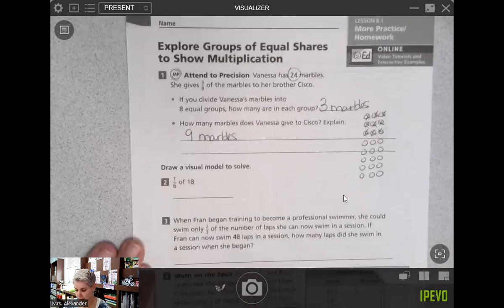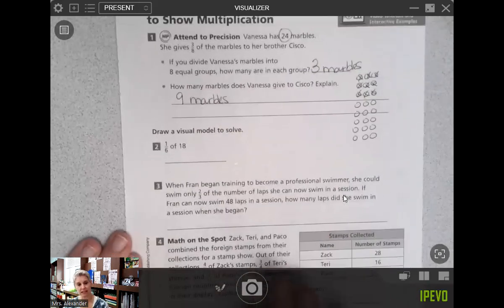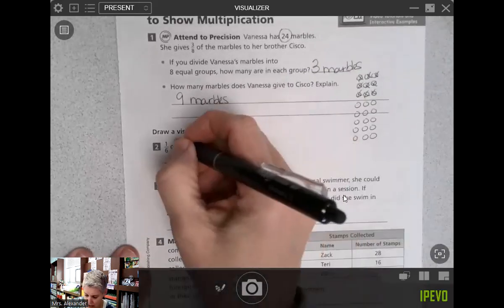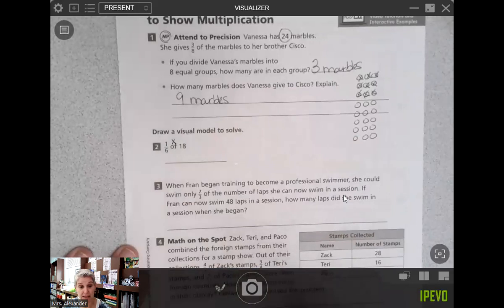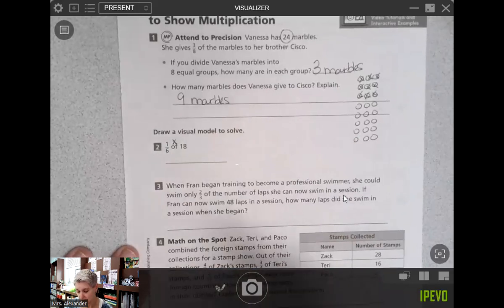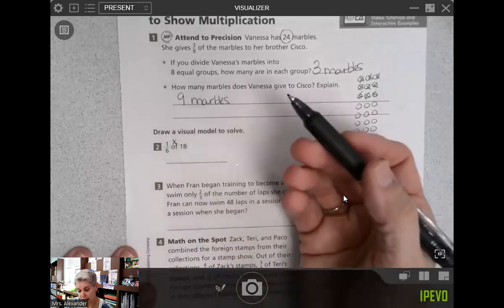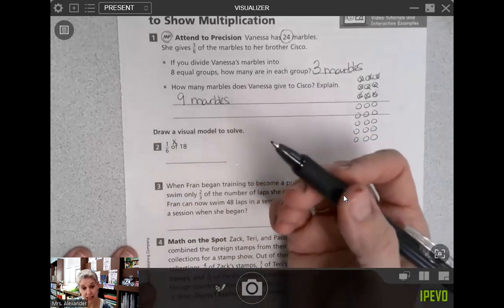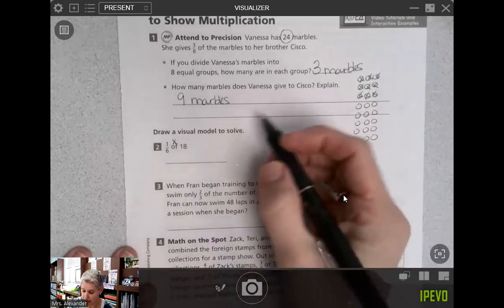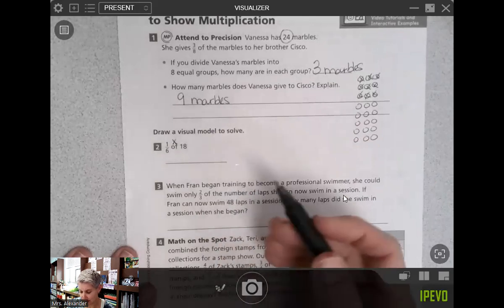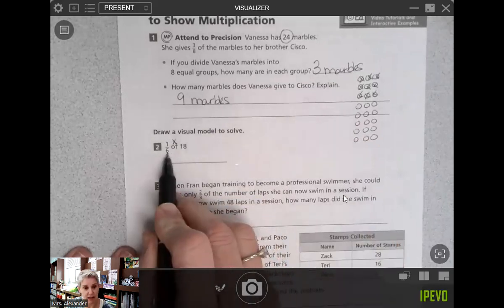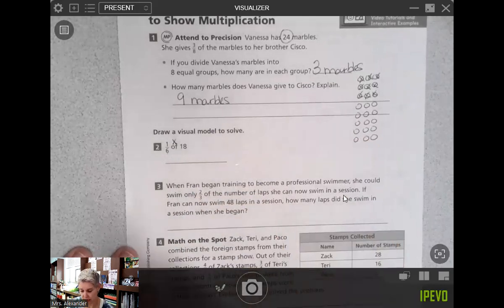All right. Same thing here. If we have 1/6 of 18, I talked in class today that "of" really means multiply in math. So we're really doing 1/6 times 18, but here we have the word "of." If I have 18 of something, I'm looking at that denominator to tell me how many to put in each group.